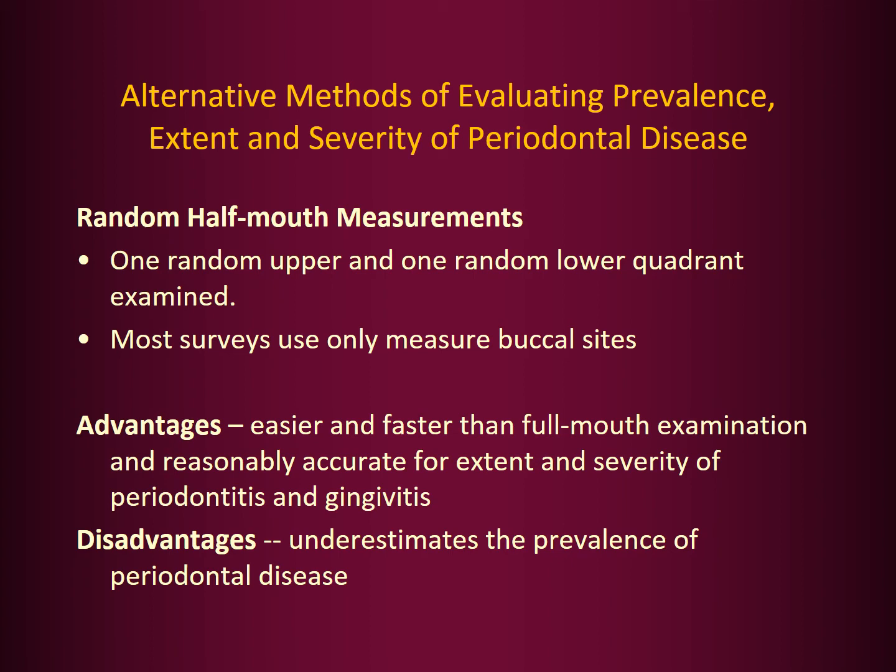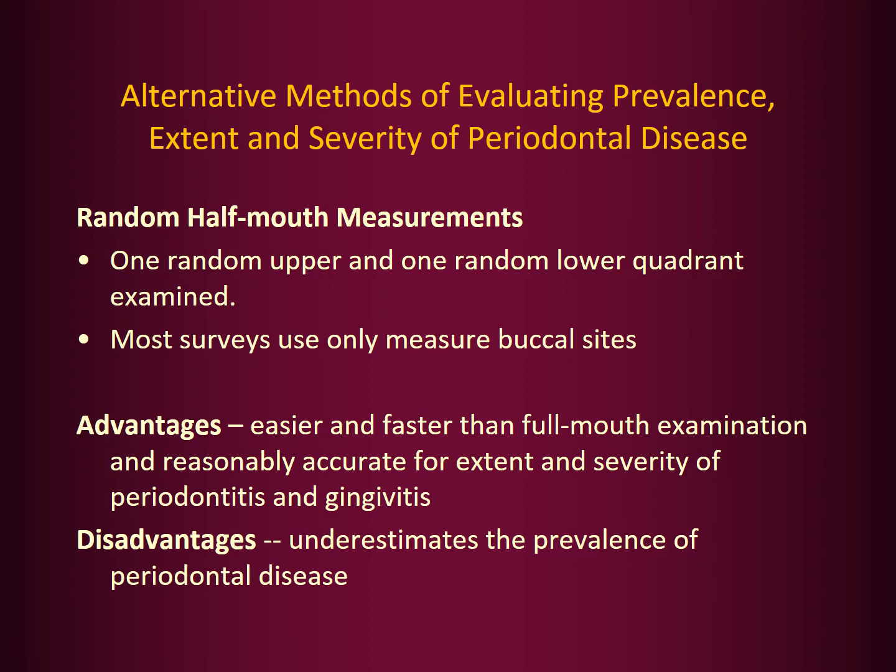And remember that sites that are more difficult for patients to access are the likely sites that are going to end up having more periodontal disease than the sites that are easy to access. Interproximal sites on the lingual surfaces are much harder for patients to clean than buccal sites. So therefore, you would expect more disease to occur at those sites.